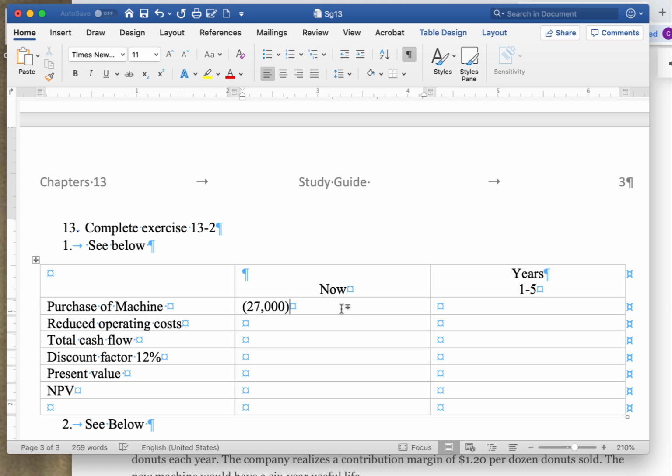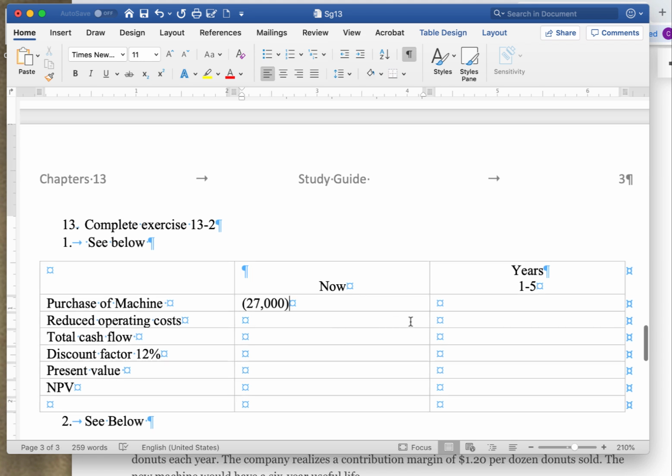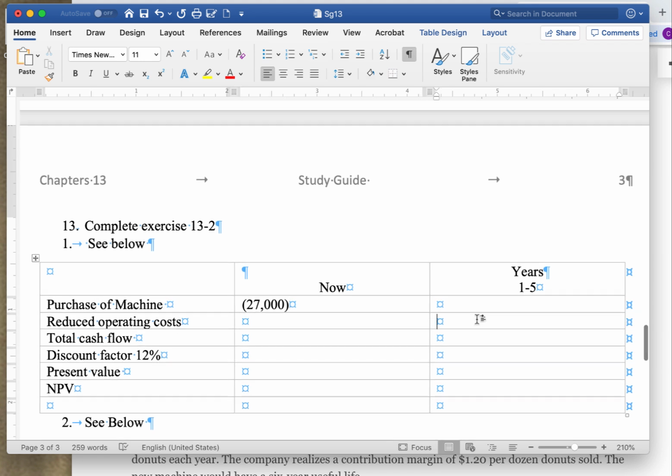Okay, I know that in years 1 through 5 my operating cost is going to be reduced by $7,000 per year. So that means that the total cash flow for the initial investment now is that $27,000.